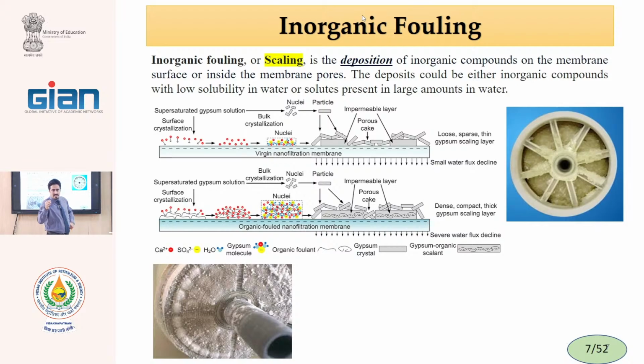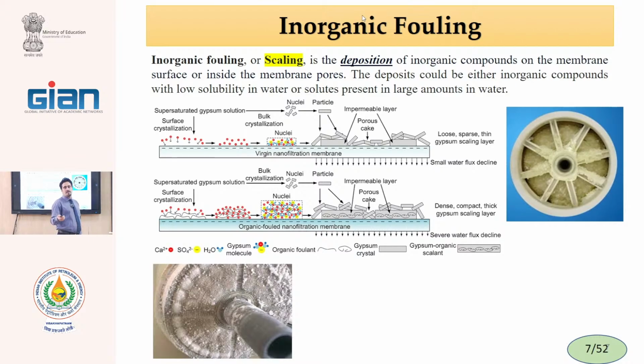When close to the saturation point, some nuclei are produced and cause more growth of the nuclei, and we have a crystal layer on the membrane surface.